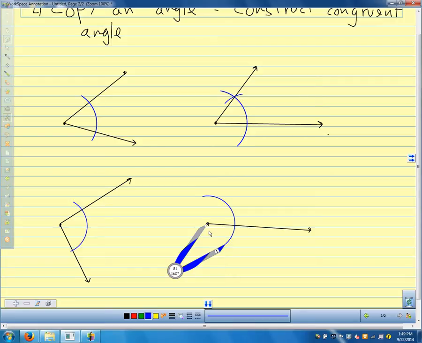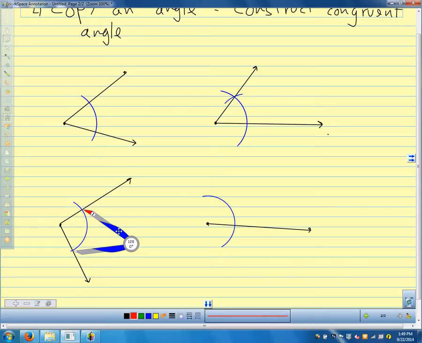Now we're going to take the compass back to our original angle, set the point where the arc crosses the ray. Now I'll change my color this time to red. And I want to measure with the compass across the angle from where the arc crosses it on one side to where the arc crosses it on the other side.